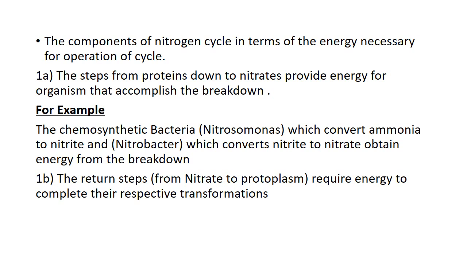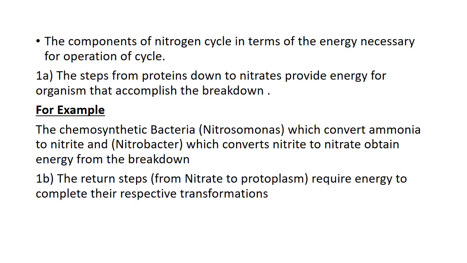That is being carried out by various organisms, and these organisms obtain their energy from this breakdown. For example, the chemosynthetic bacteria, nitrosomonas, which convert ammonia to nitrite, and nitrobacter, which converts nitrite to nitrate, obtain energy from the breakdown.